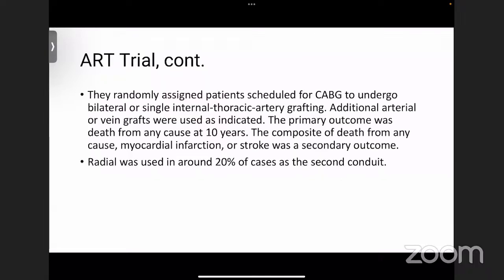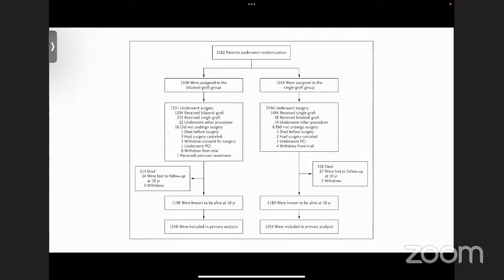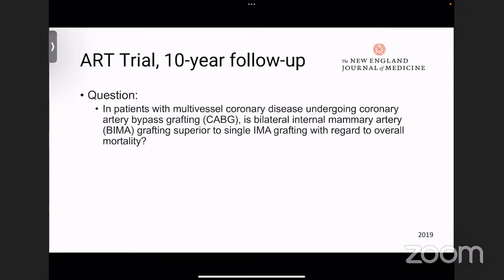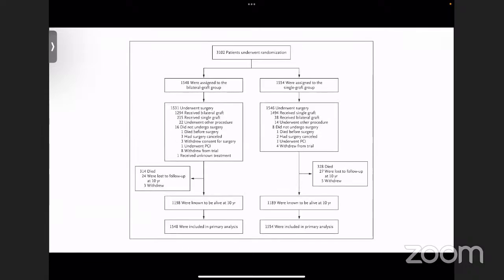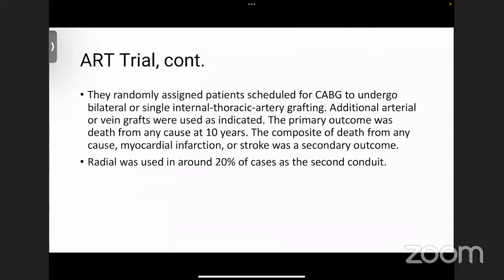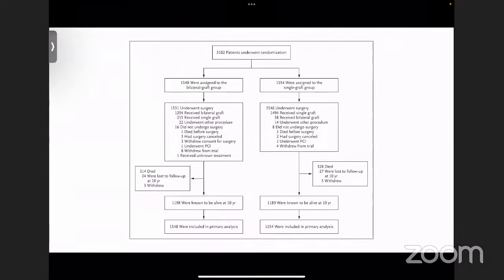And even in terms of the saphenous, 20% is not that much. I suppose people assumed the BIMA would have been better regardless of using the radial. As we can see, it's a large trial, 3,000 patients, and they ended up with around the same number.